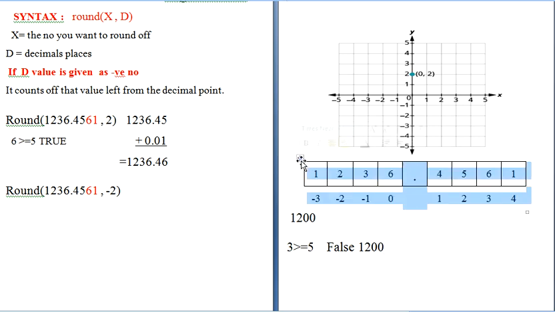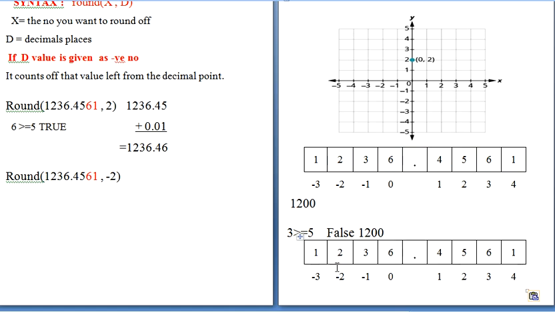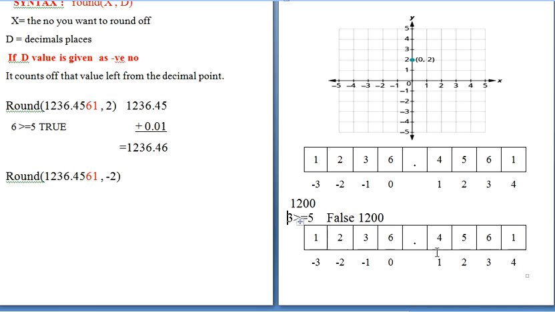Suppose we take this number as 1236.4561, and the number we want to generate is round off 1236.4561 comma, and we are giving the second argument as minus 1.